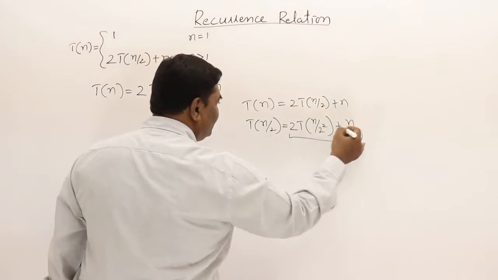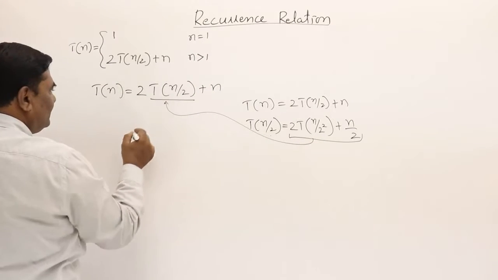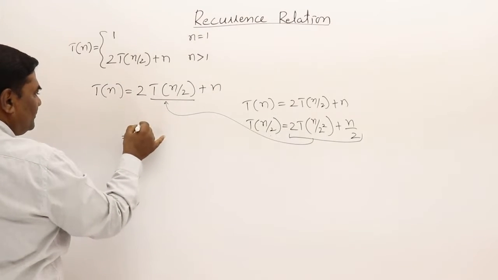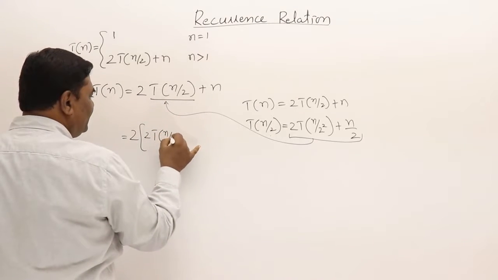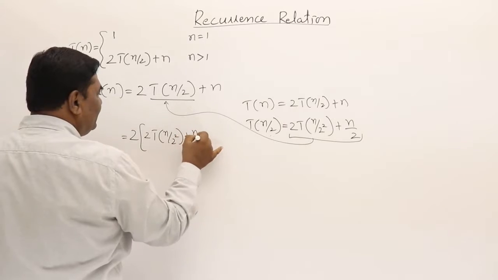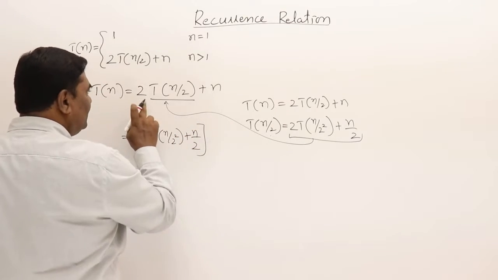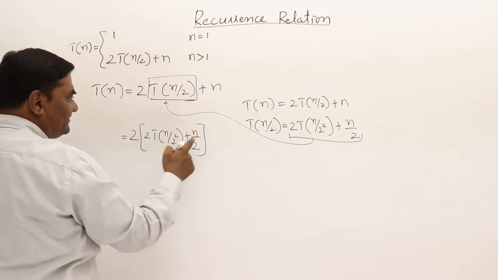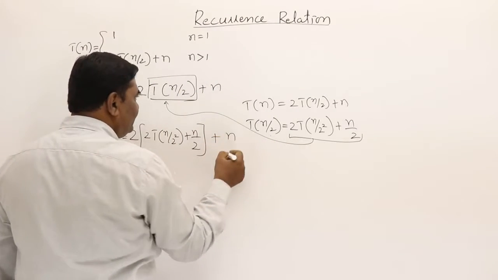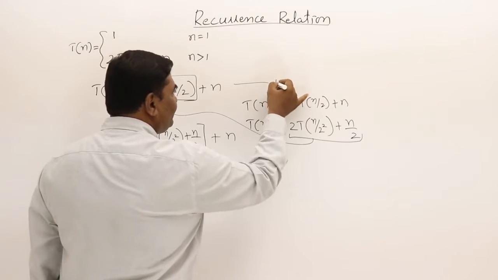So that's it. This we will substitute here. So this becomes 2 times [2T(n/2²) + n/2], with the 2 as it is, and at this place we have substituted this one, plus n as it is. This was our first equation.